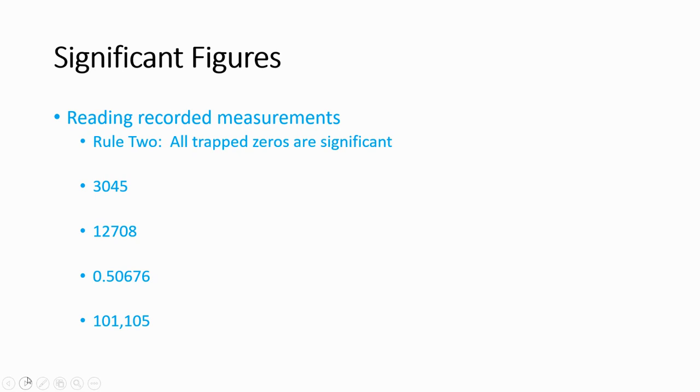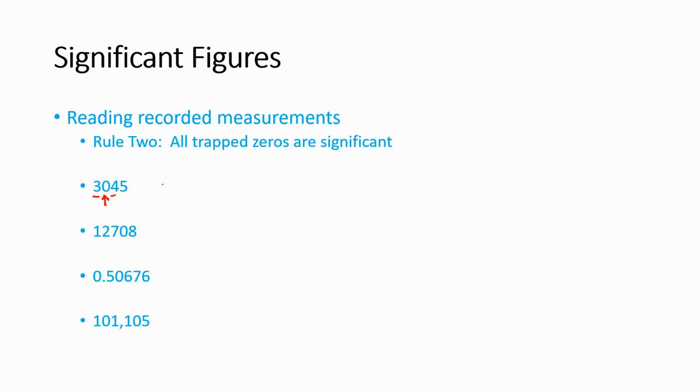Anytime you have a trapped zero, it's understood that you measured the digit that came before it and the digit that came after it, and logic would tell us then that this digit also must have been measured. And therefore, we would say any trapped zero is a significant digit.